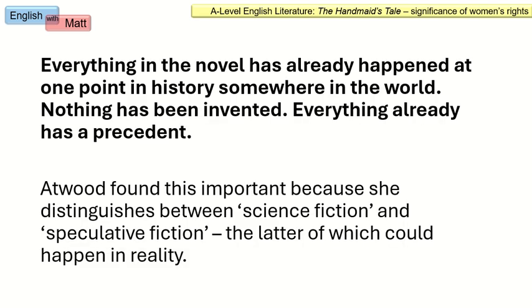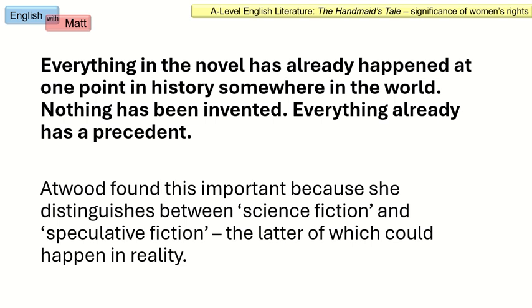So, as I've already said, in The Handmaid's Tale, everything in the novel has already happened at one point in history somewhere in the world. So nothing has been invented. Everything already has a precedent. And that's perhaps what makes the novel powerful. It also stops the novel being called science fiction because Atwood makes the distinction between science fiction and speculative fiction.